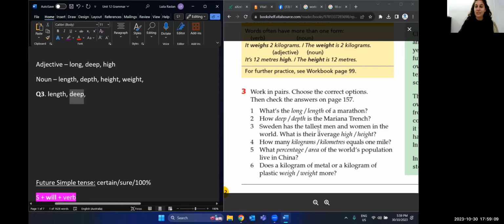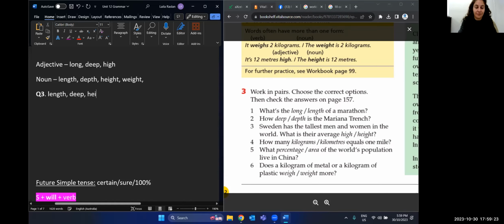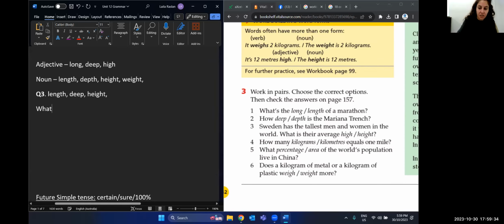Sweden has the tallest men and women in the world. What is their average height? So usually with what questions, try to use the noun. It's like saying, what book do you read? What movie are you watching?